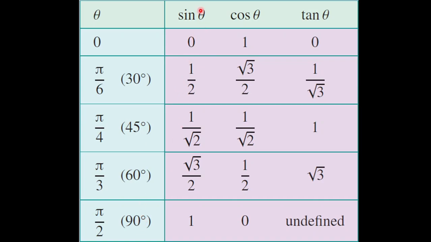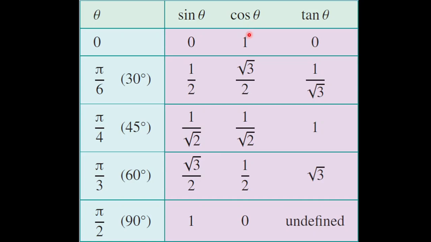And then you have the first two columns, sine and cos. Tangent is the ratio. Now with sine, the values are going all the way up to 1. They'll take specific values 1 over 2, 1 over root 2, root 3 on 2. Cos will take the same values but going backwards or downwards.